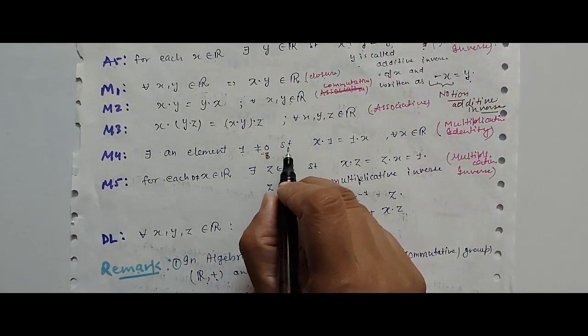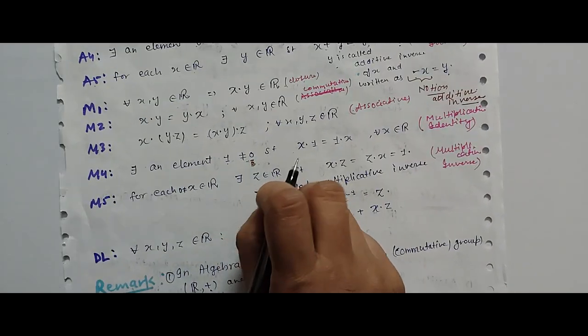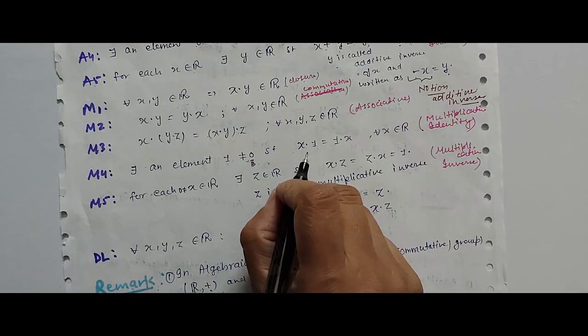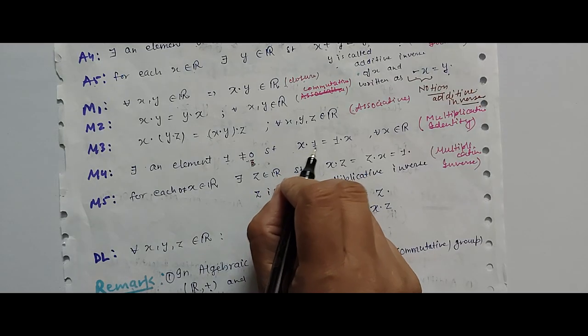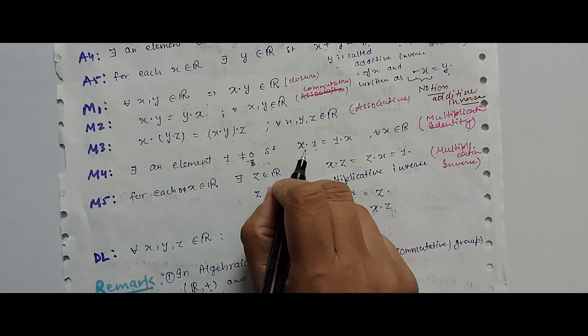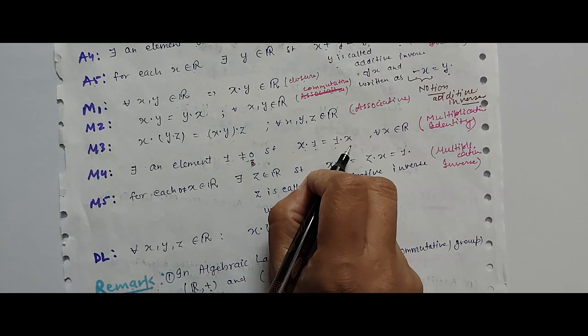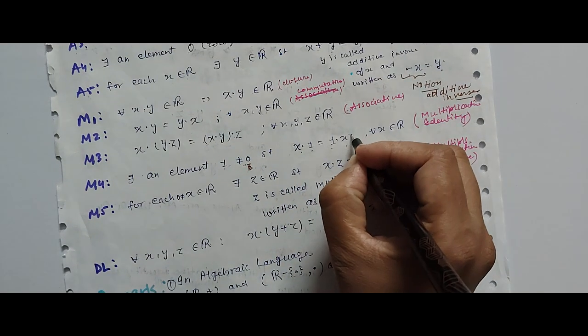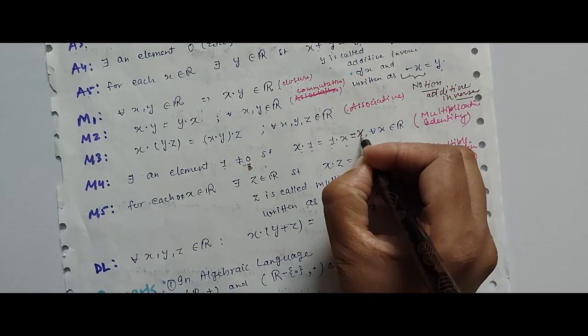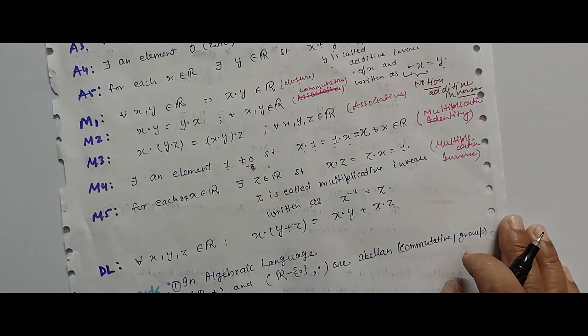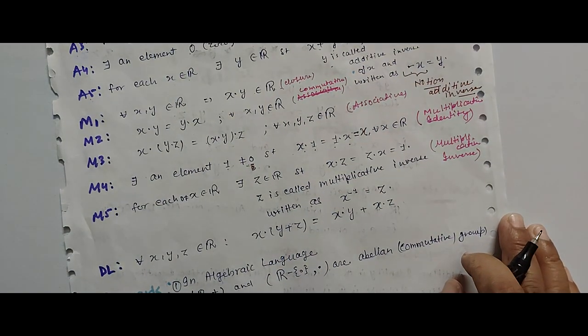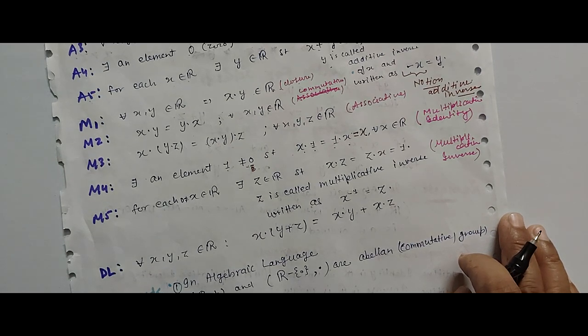If such an element exists such that x into 1, and 1 into x, equals x for all x belongs to R, then this 1 is called the multiplicative identity.